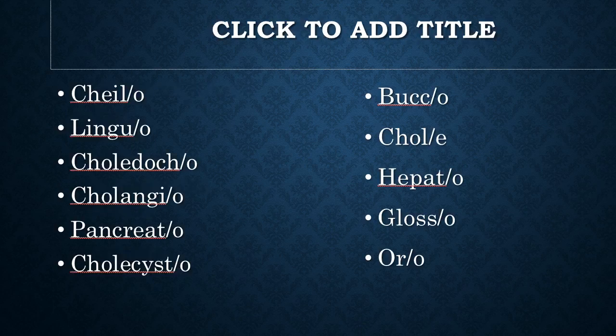Pronunciation guide for this week. Hopefully these are helpful for you guys.